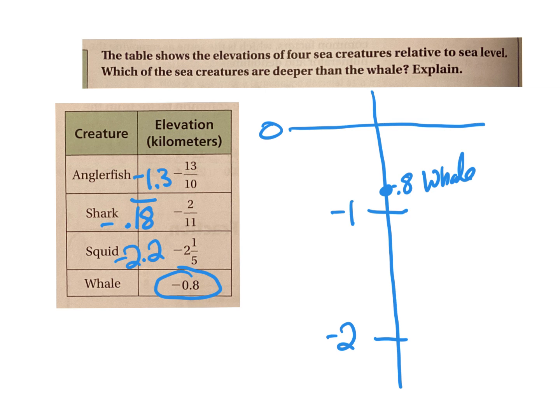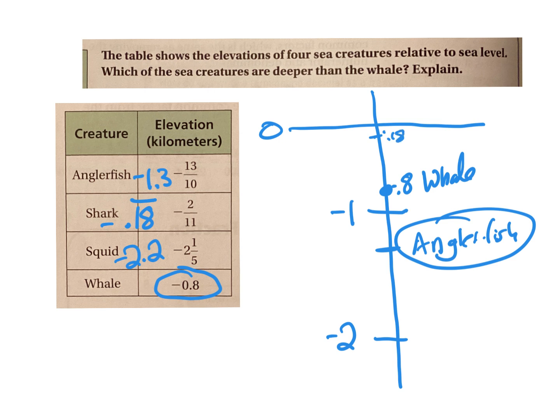The anglerfish is negative 1.3, so the anglerfish is deeper. And then the shark is negative 0.18 repeating. That's not very deep at all.